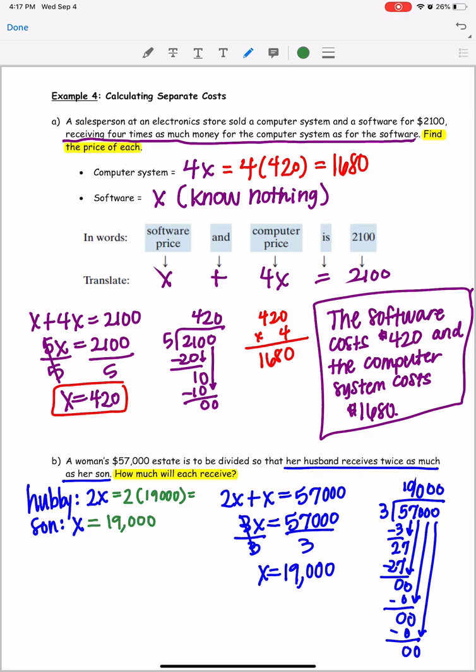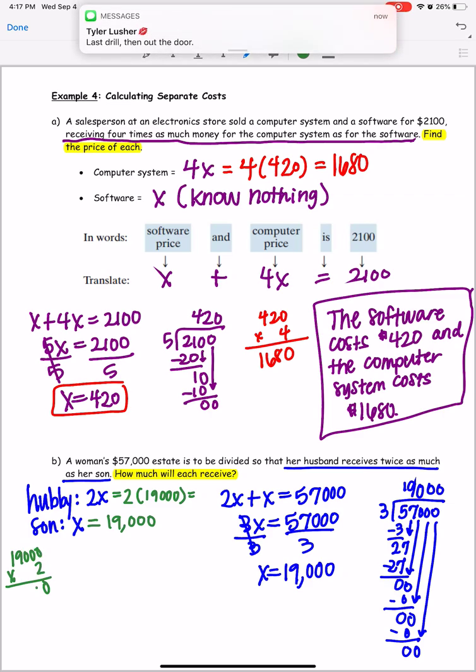Kind of running out of room here, but we'll do it. 19,000 times 2. 0 times 2 is 0. 0 times 2 is 0. 0 times 2 is 0. So now I've got 2 times 9 is 18. So 8 comes down, carry the 1. 2 times 1 is 2, plus the 1 is 3. So he's going to get 38,000.